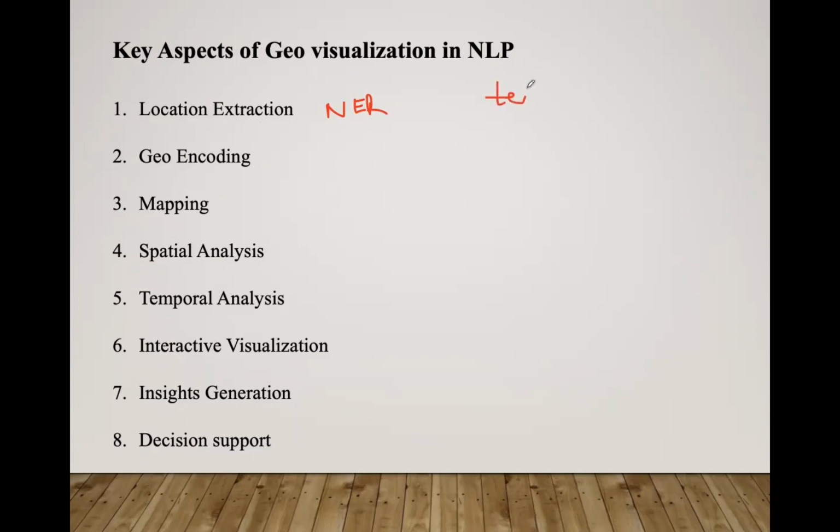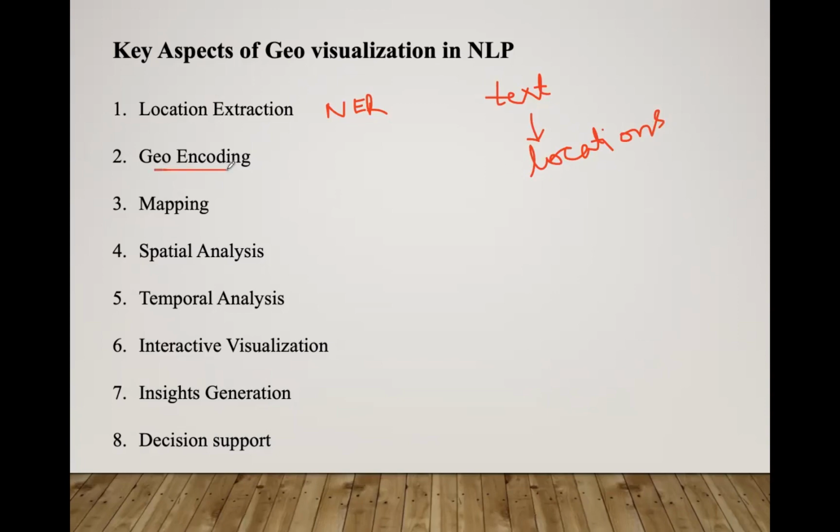From a given text, using NER, NLP algorithms can recognize and extract locations. These places can range from specific addresses to more general geographic references like cities or nations.